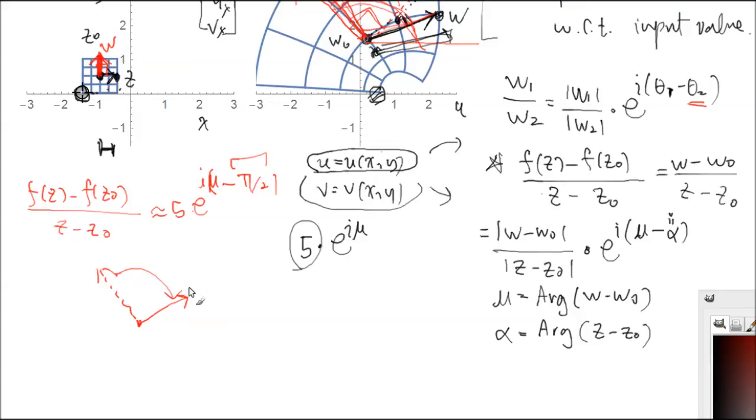So you get the same result: both f(z) minus f(z0) over z minus z0 go to that vector, 5 e to the i mu, whatever.